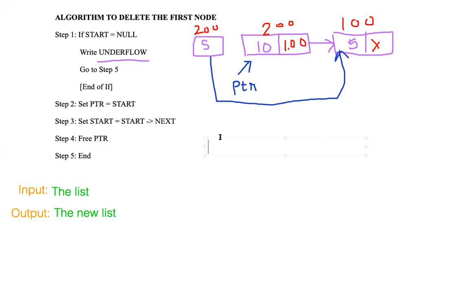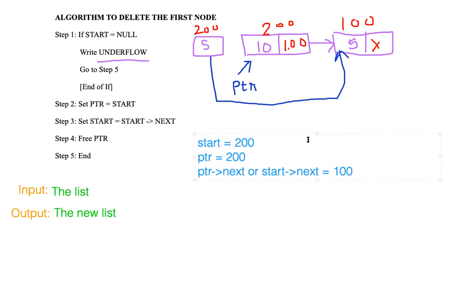So again, let me write down for your convenience. In start, it is 200. PTR also contains 200, but PTR arrow next or start arrow next is 100, which you can check from here.